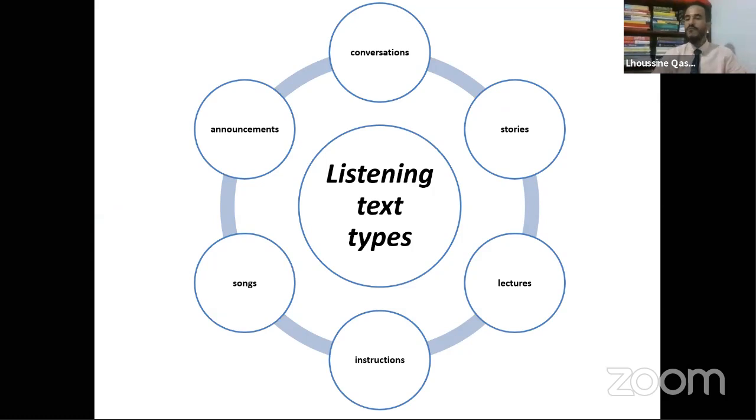These are one of my favorites. Announcements. Variety is the key to have a successful lesson. Don't focus only on one type of listening text, but vary your materials. Okay, great. And here, as some of you said, it depends on the level of your learners. Okay. Abdul Malik said stories, songs, movies, news, reports, etc.